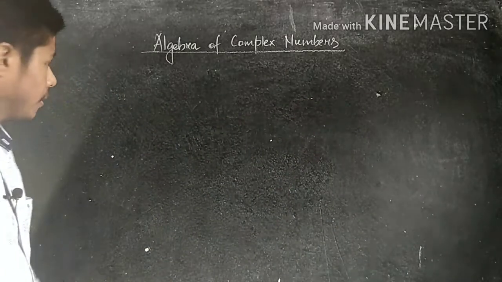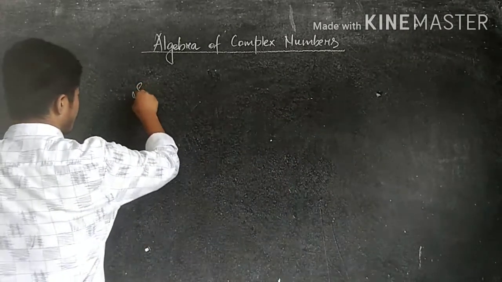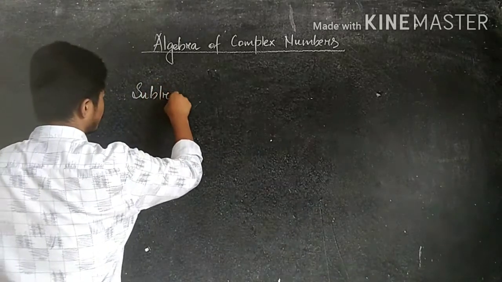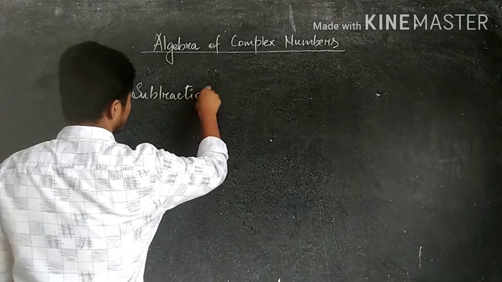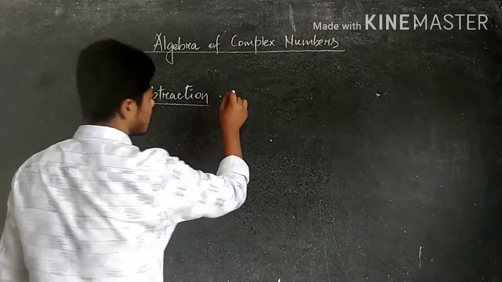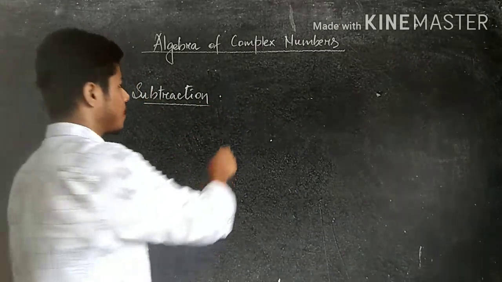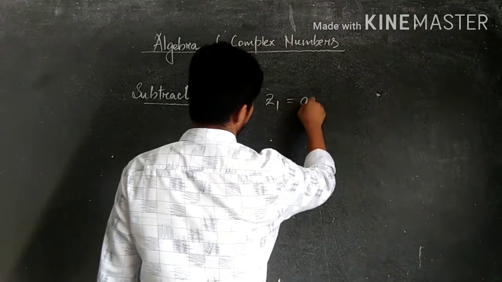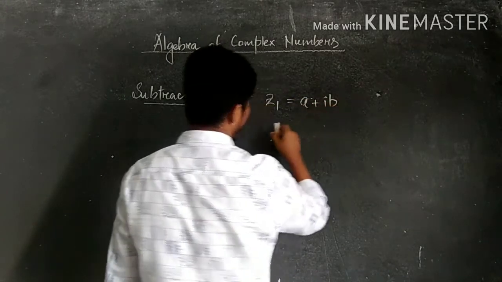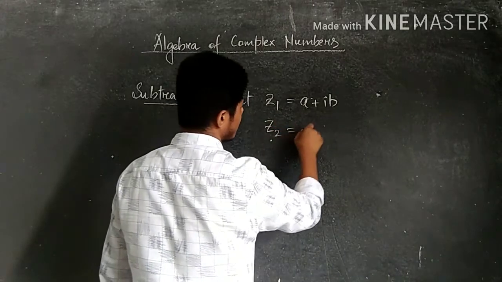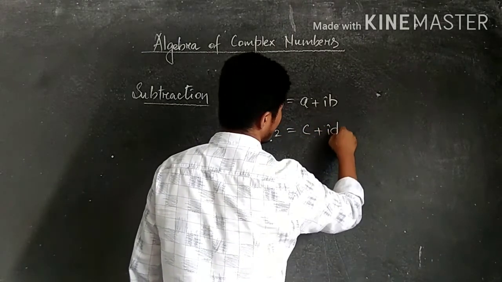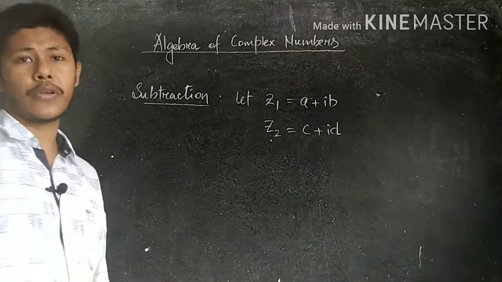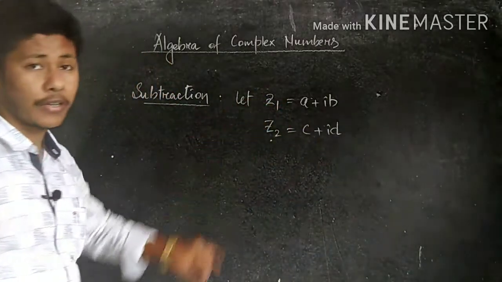So in subtraction, we have to consider 2 complex numbers. The first complex number, suppose z1 equals a plus ib, and another complex number, suppose c plus id. So these 2 complex numbers we consider here. Now we have to subtract these 2.